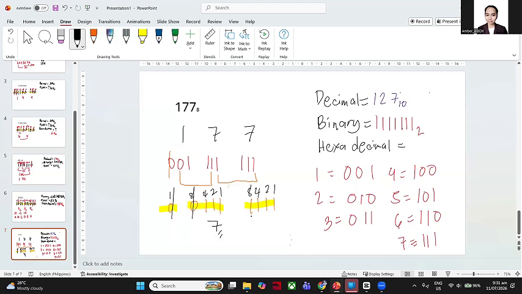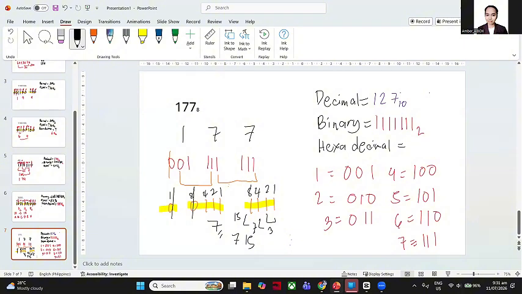How about this one? 8 plus 4 plus 2 plus 1. 2 plus 1 is 3. 4 plus 3 is 7. 8 plus 7 is 15. So we have 7 and 15.